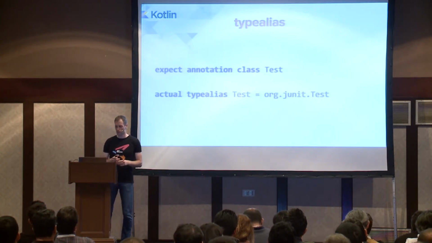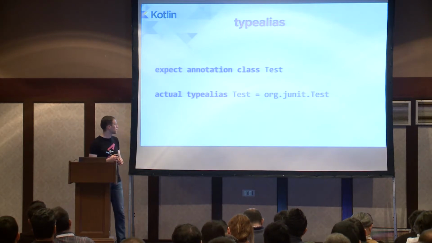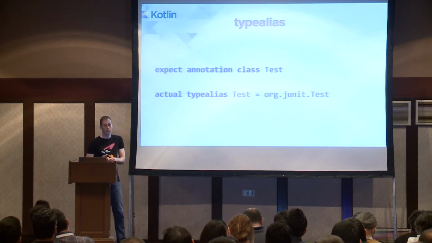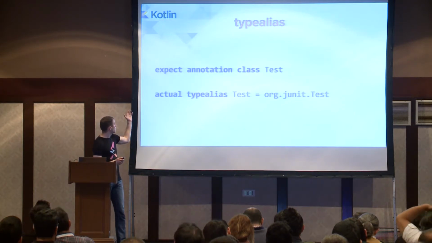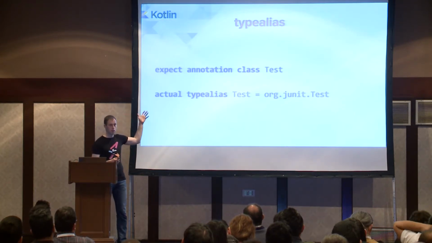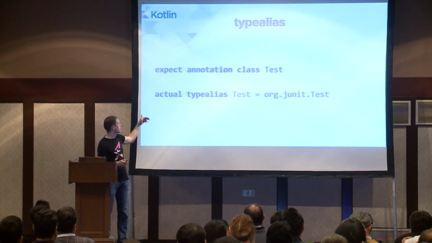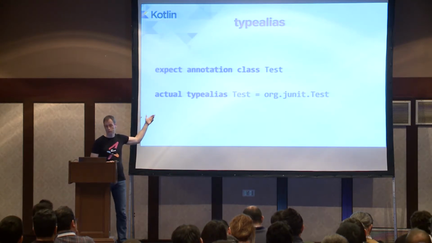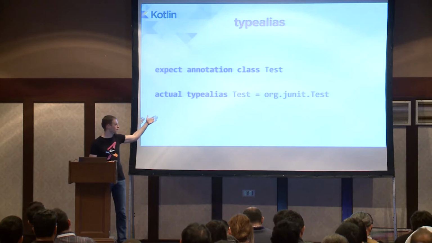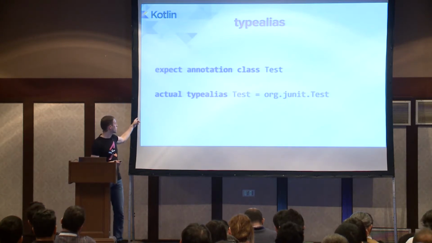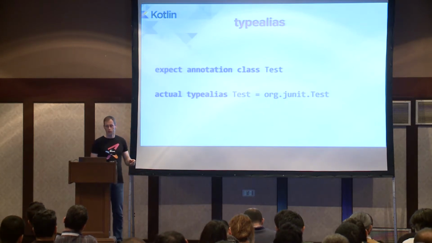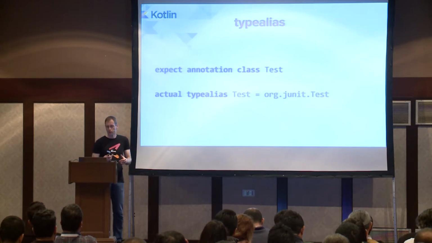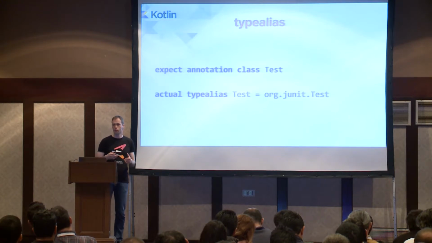Another thing that can be achieved with this approach is that you can declare some expected class in the common module. In this example, it's an annotation class, Test. And then you can use the type alias feature of Kotlin to provide an actual implementation that already exists.